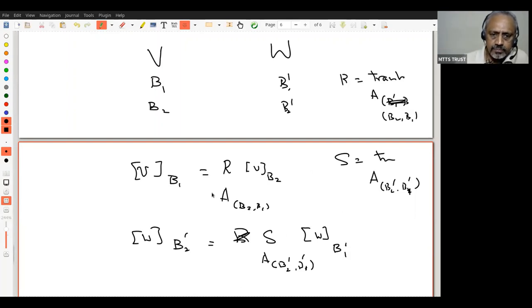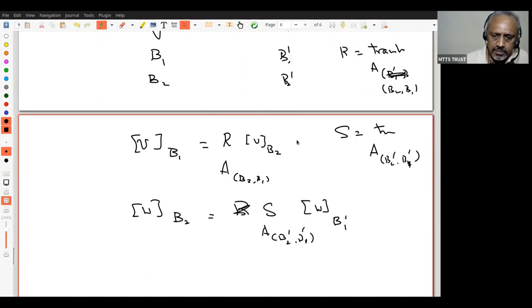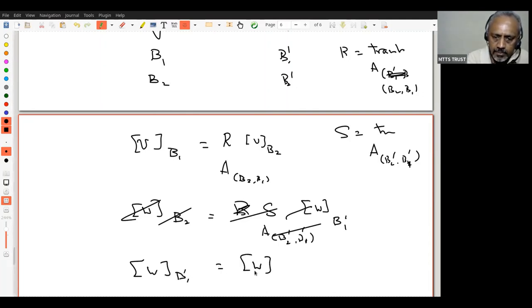No, this is always, sorry, this is W of B2, or the original basis, right? Therefore, the same thing. So W of the original basis B1 dash is equal to S times W of B2 dash.